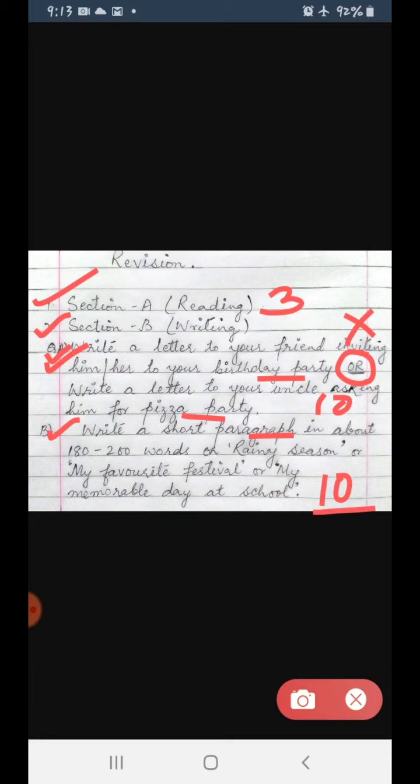It can be a short paragraph in about 180 to 200 words on, for example, rainy season, or my favorite festival, or my memorable day at school, or my favorite teacher, or a trip to Delhi, anything. And remember, I am not giving choice. Here also you will be asked the question straight away, and you have to answer only that question which is being asked. Clear to everyone?